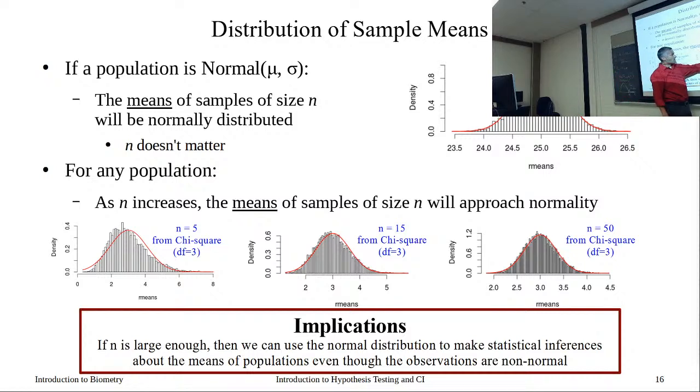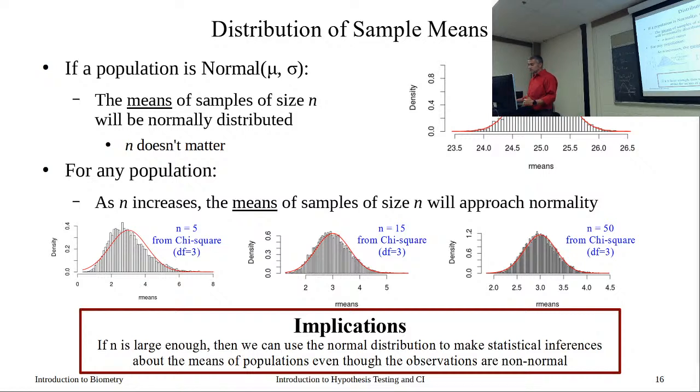Ooh, we're getting pretty darn close. At a sample size of 50 from that chi-square distribution, now my collection of means approximates this normal distribution. That's great. What does that mean? That means we can utilize the normal distribution to make statistical inferences about the means of any population, even though those populations might be non-normal.